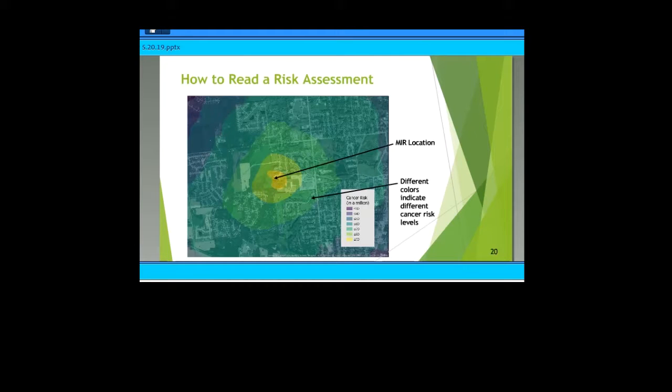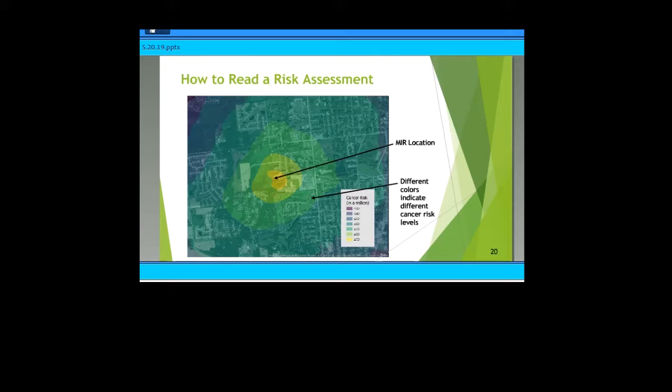The last slide is a graphic that we use, and some of you have probably seen these with other assessments. Underneath all those colors and those circles is the area that was modeled, or most of the area that was modeled. You can see that there are different colors. The yellow is in the middle, and there's a yellowish green, and then another green, and the colors go out from there.